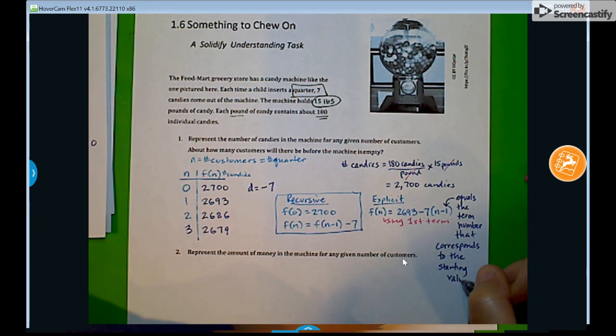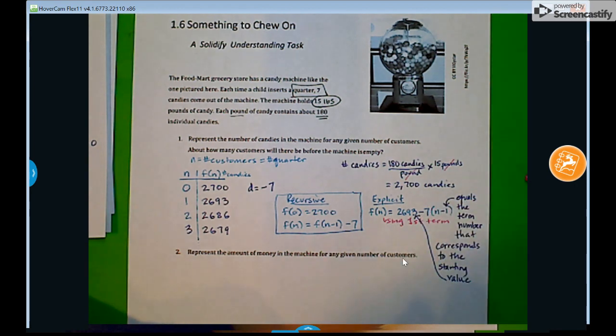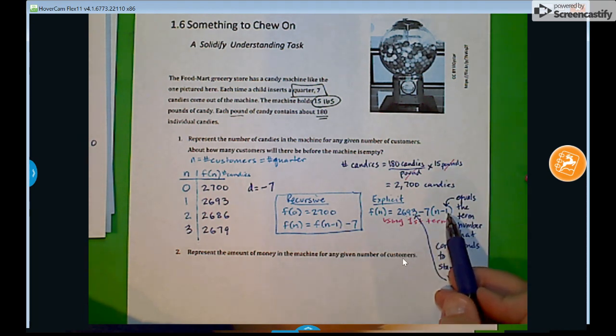So it corresponds to the starting value. Whether that's the 0 term or the first term, you've got to adjust for that. So this is the first value. This is f of 1, and we use n minus 1.